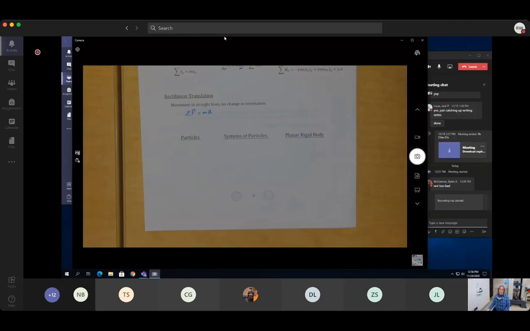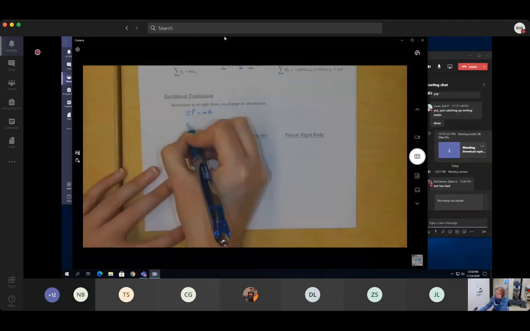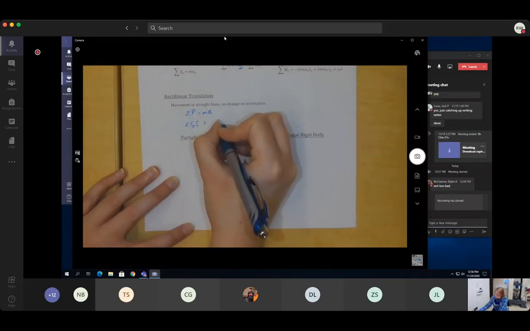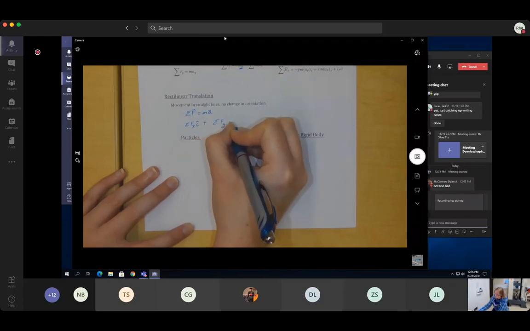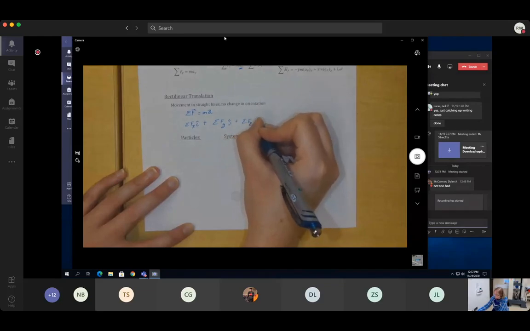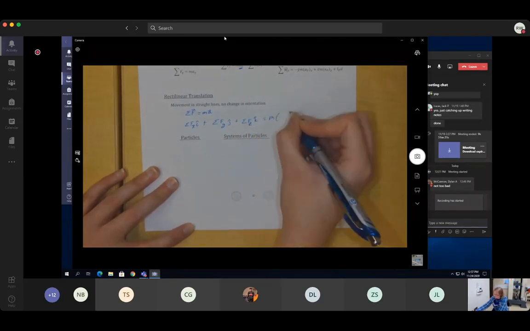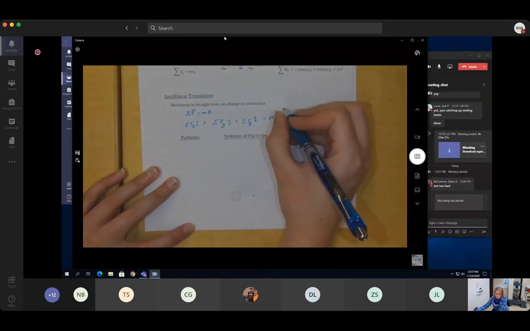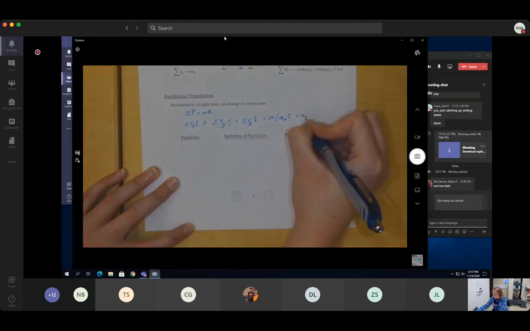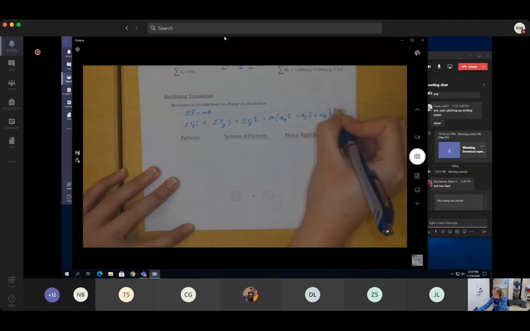And we can break that down into directions. So we can say the sum of forces in the x direction, i hat, plus the sum of forces in the y direction, j hat, plus sum of forces in the z direction, k hat, need to be equal to the mass times our acceleration vector. So ax i hat plus ay j hat plus az k hat.